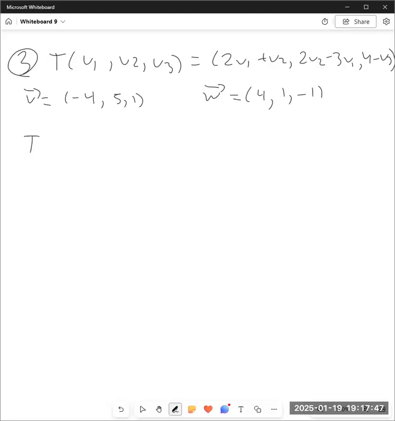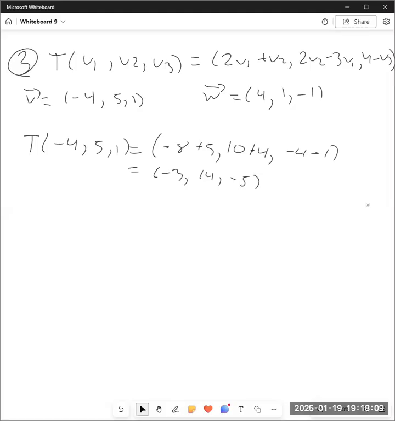So T of -4, 5, 1 is -8 plus 5, that's -3. 10 minus -4, that's 14. -4 minus 1, that's -5. So that's -3, 14, -5.